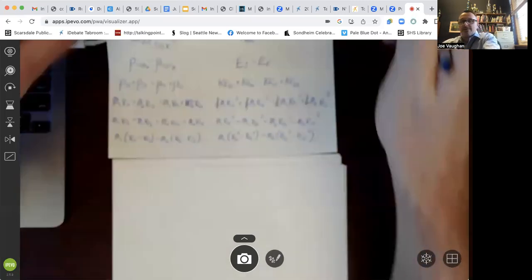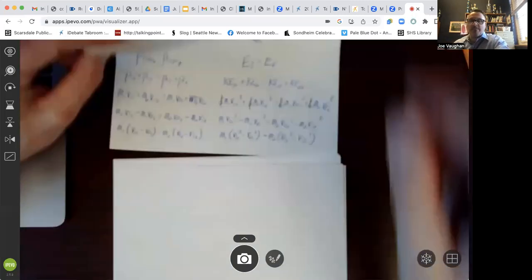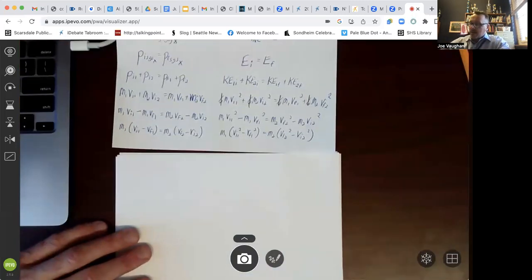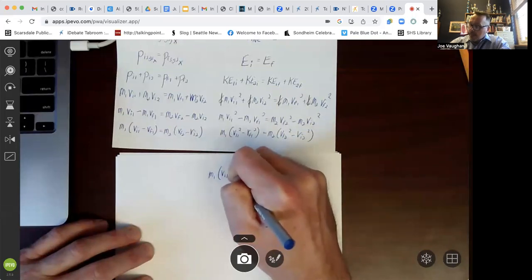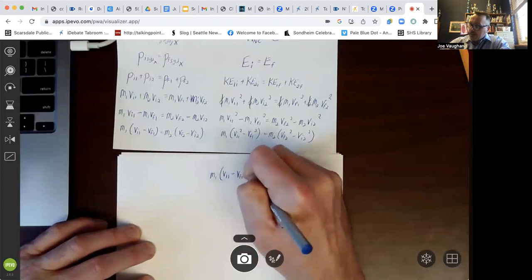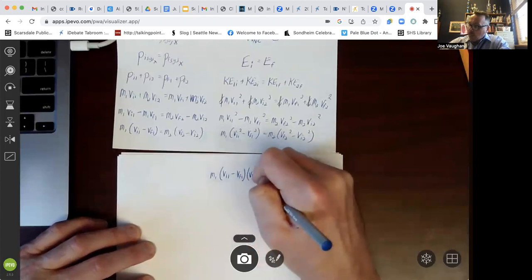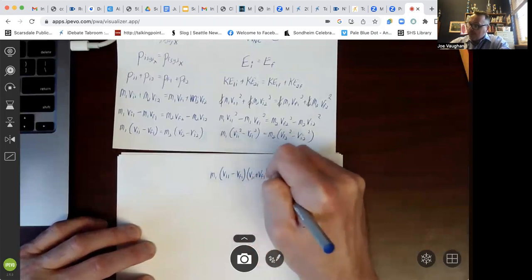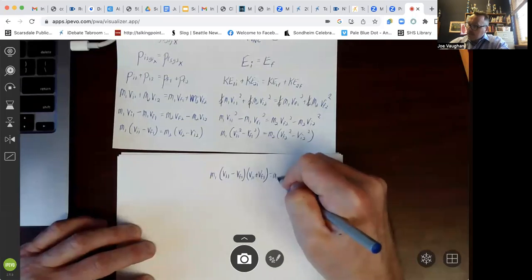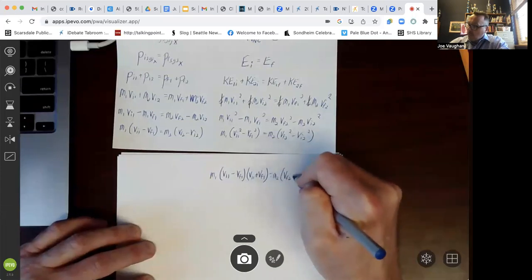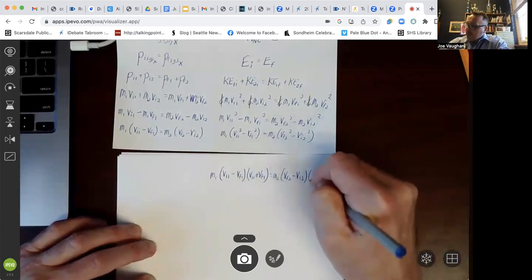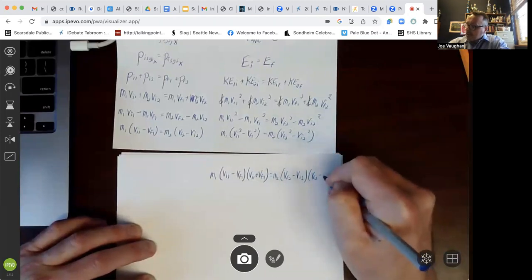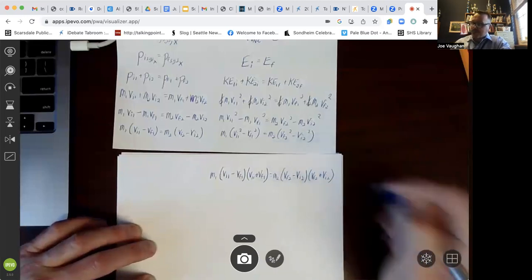Okay, as soon as I don't become blurry anymore. There we go. So that becomes M1 times VI1 minus VF1 times VI1 plus VF1, and then this becomes M2 times VF2 minus VI2 times VF2 plus VI2.